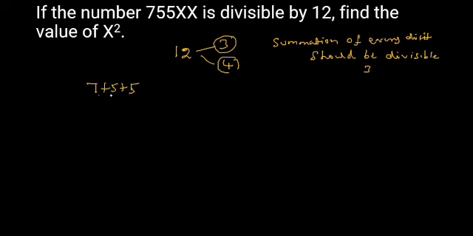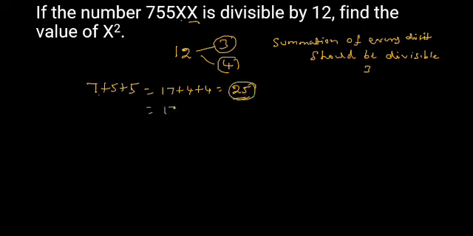Now 7 plus 5 is 12, 12 plus 5 is 17. Now when I add 4 it will become 21. When I add 4 for this x, again it will become 25. Now 25 is not divisible by 3, we will leave it.